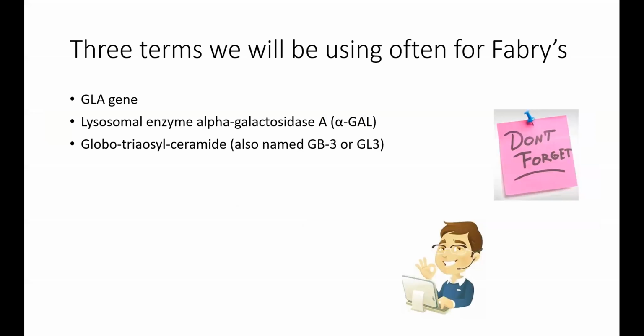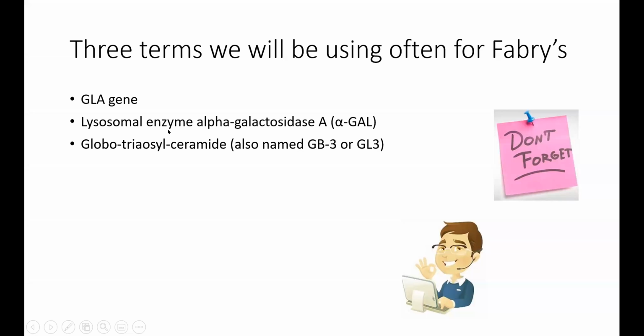Now, since these sessions have a very specific objective of being useful to the PGs, I have to reiterate that there are some things which we'll try to remember so that we are able to understand the others. So for understanding Fabry's disease, I would like everyone to acquaint themselves with these three terms. We'll be using GLA gene, which is the gene for Fabry's disease.